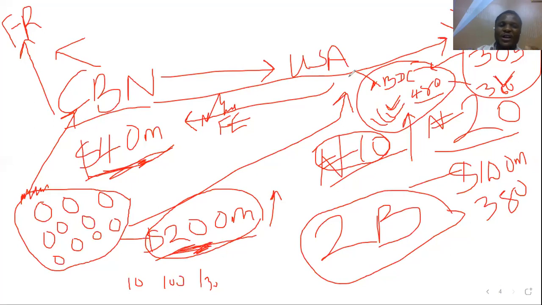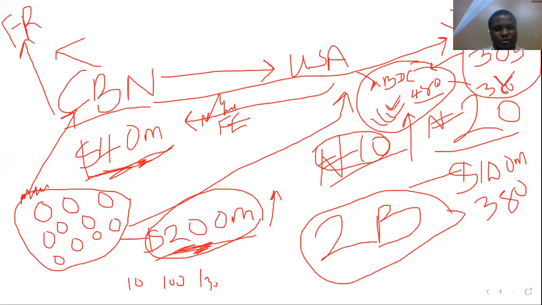What happens? The central bank had to ban BDC. And so we no longer have two tiers of market. The second tier, which is the Bureau de Change, was cut off. That's what is happening now. And so CBN said, if you need your dollar, whatever you need, go and meet commercial banks.